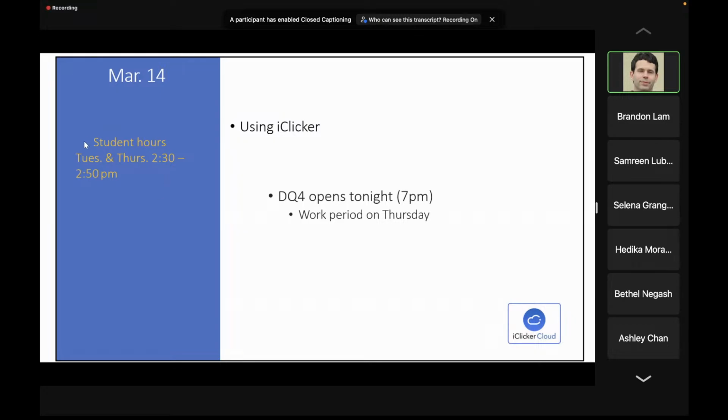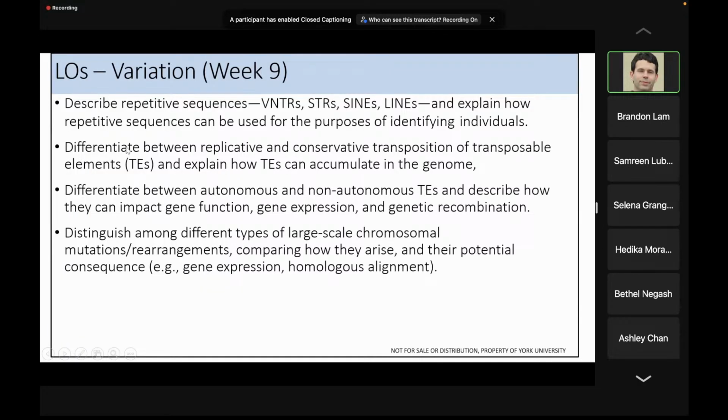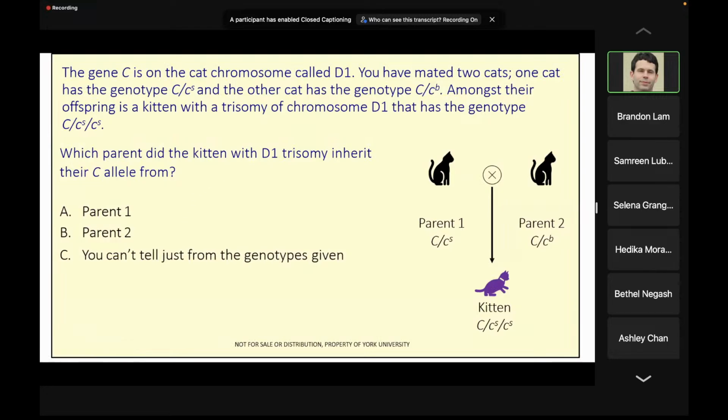All right, so let's get started. This week was about transposable elements, about repetitive sequences and what they're used for. You learned all about that in your pre-class materials.